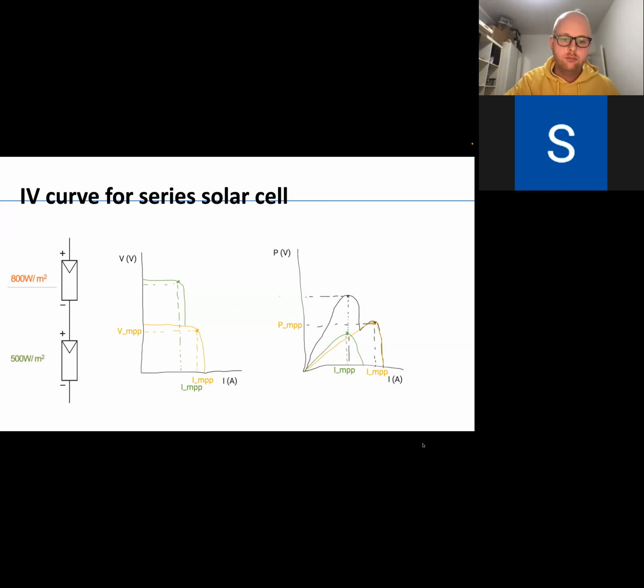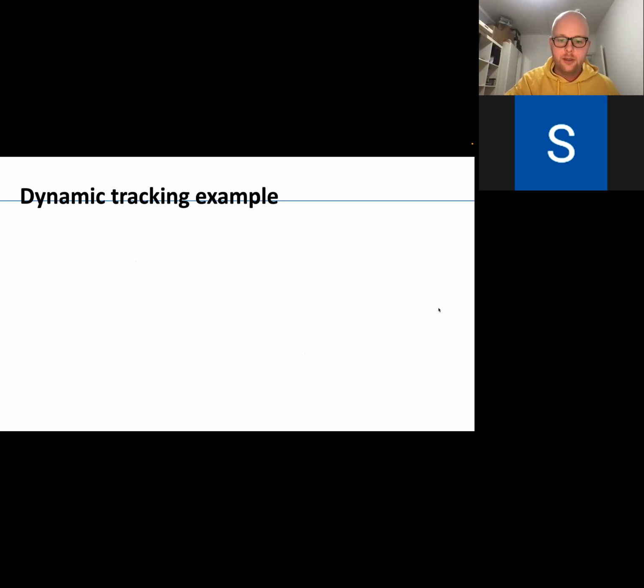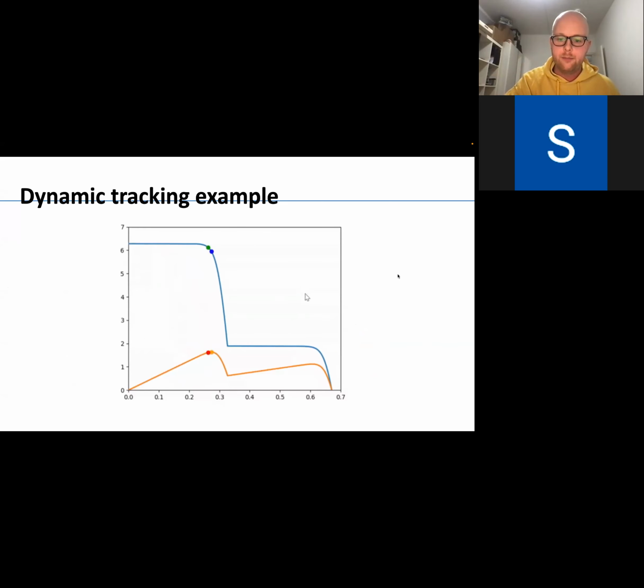Let's see. Here's an example of a maximum power point tracker. The blue and the red dot is where it's actually tracking, and the orange and the green dot is where the actual maximum power point is. You can see that it's not always tracking it correctly.